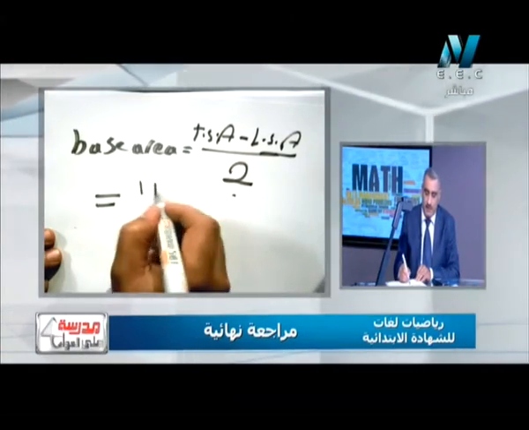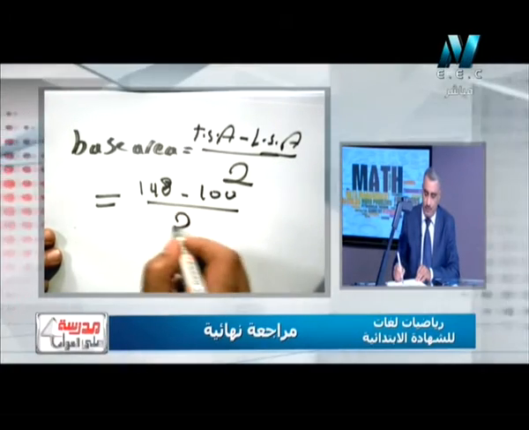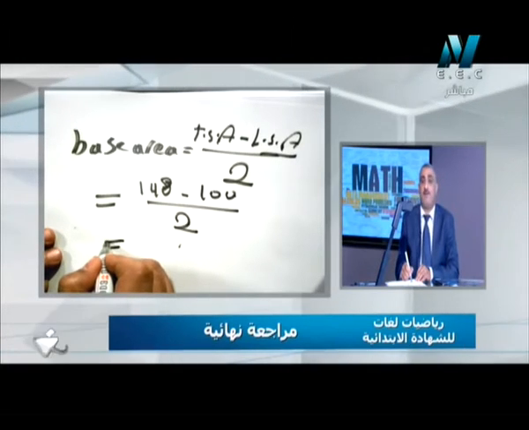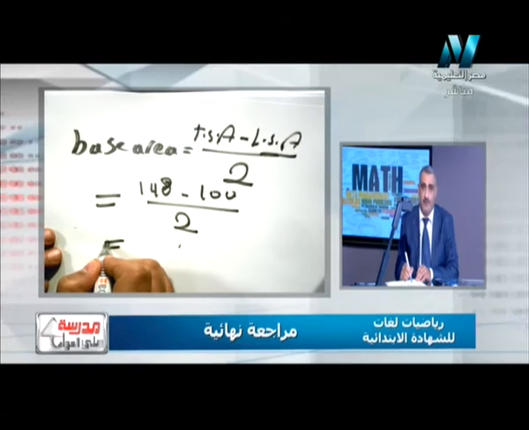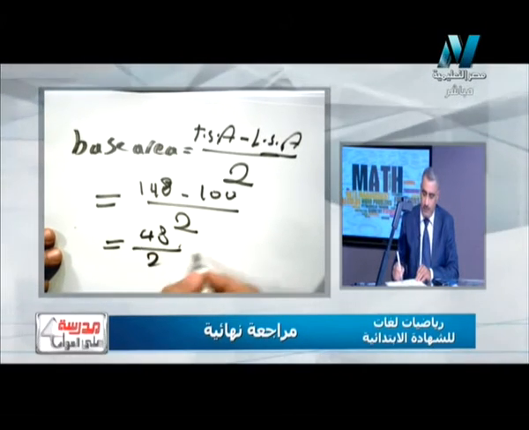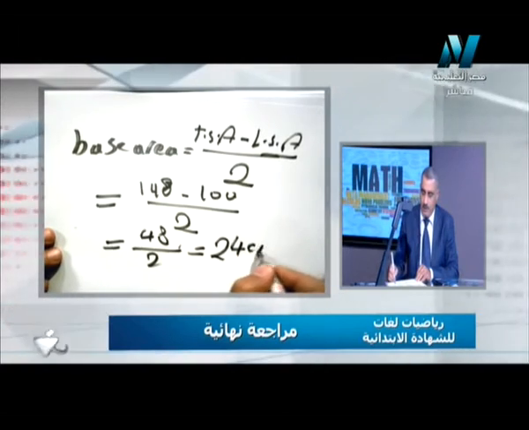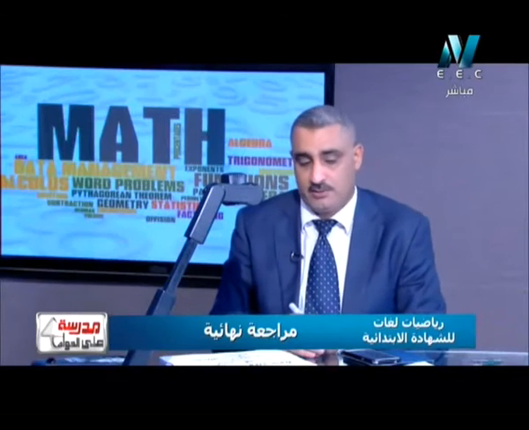Total surface area 148 minus lateral surface area 100, over 2. Why over 2? Because the rule has the area of two bases, and he asked about the area of one base, just one base. So 48 over 2, the result will be 24 centimeters squared. It's so easy and a very important idea, my dear students.